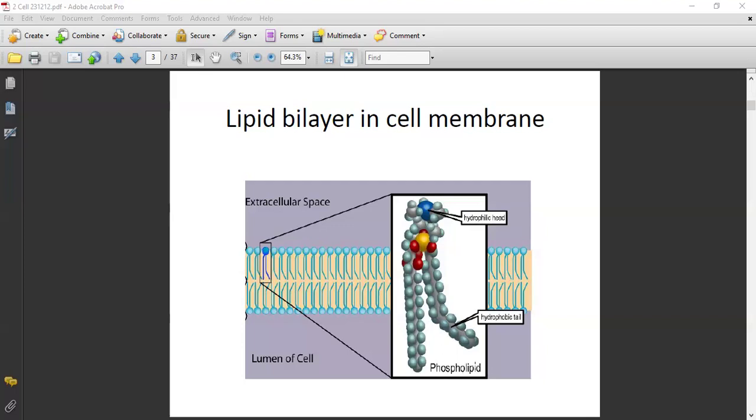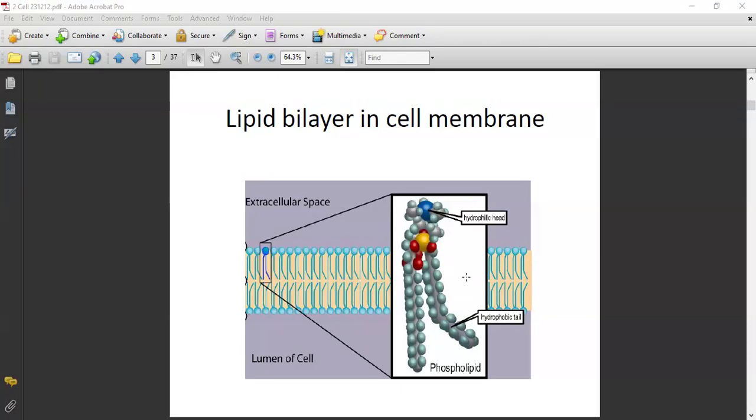So a quick question can be, what is the majority molecule to form the cell membrane? It's lipid. It's phospholipid. We also have some other different forms of lipid here. We also have some protein attached to it. We also have some carbohydrate attached to it. But the majority of the components of this structure is formed by phospholipid.